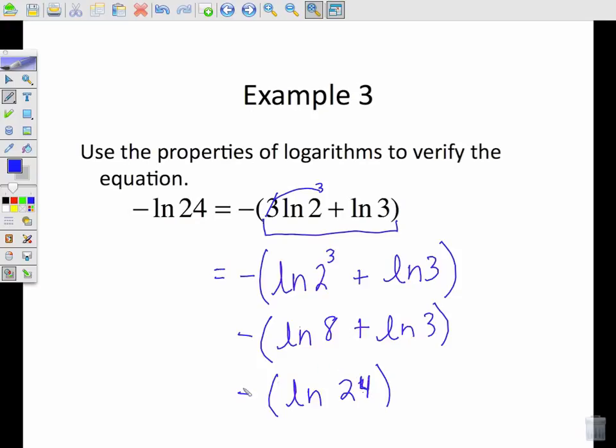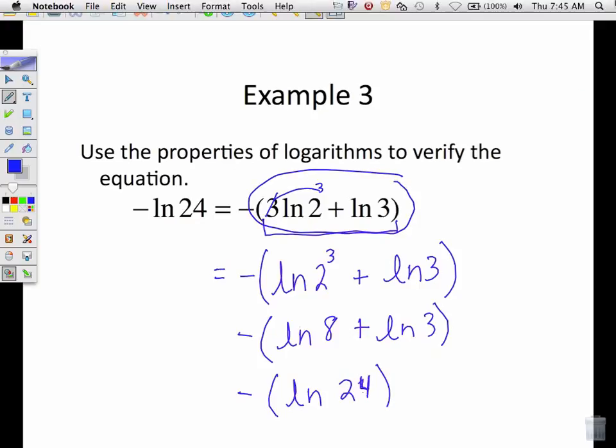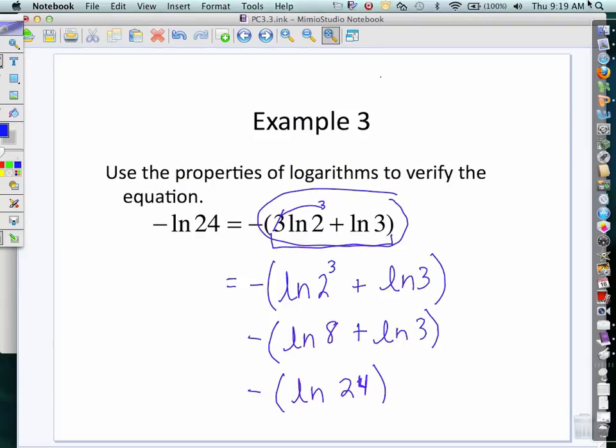And that's what we have to show. We were trying to show that we could get 24. As you are condensing your expression, you're starting to reduce the number of times you're writing the log. So you're taking this big expression.